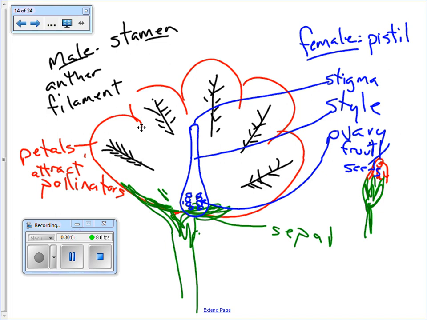Yes, many flowers have both parts together. So the filament, just like a filament is a long, skinny thing, the filament is this thin, kind of wiry thing that holds up the anther. So the filament is this thin part. The anther is this part on top that makes the pollen.